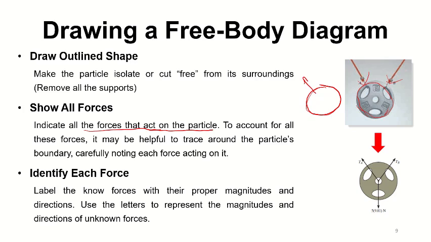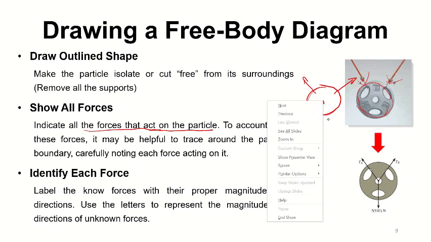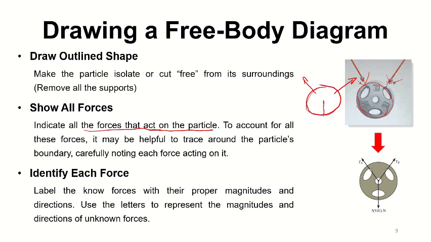This is the point A, and there is another cable at point B, so there is another force in this direction. Then there is a mass. This wheel has a mass, so there is a weight of this wheel, from the center of this wheel.